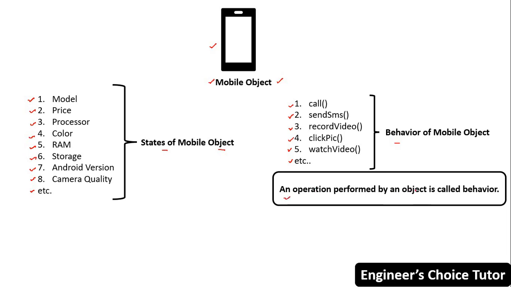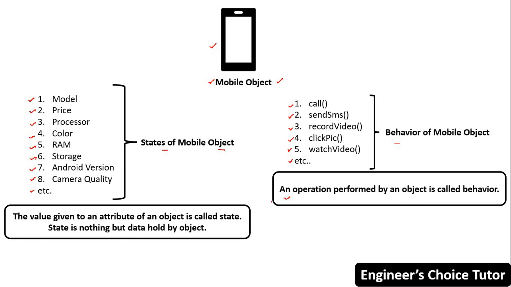An operation performed by an object is called behavior. And coming to the state, the value given to an attribute or property of an object is called state. State is nothing but data held by the object. Don't worry, we will see how we can change the state using the behavior.